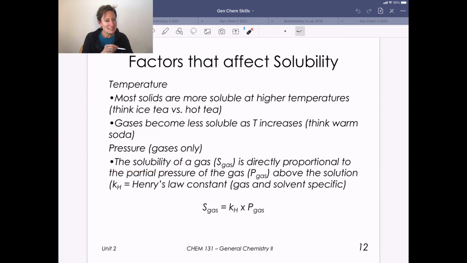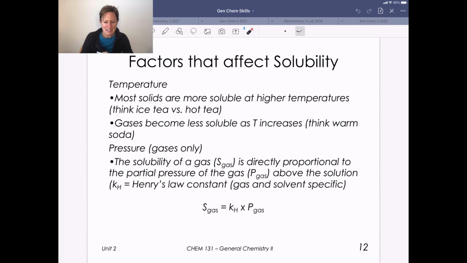Pressure only applies to gases. We can't increase the solubility of a salt in water by pushing on it, but we can with gases. There's an equation here that tells us the solubility of a gas is directly proportional to the concentration of the gas. Remember, partial pressure is a way to measure concentration. And then there's a constant that we call a Henry's law gas constant. That's just a constant that's specific to a certain gas and a solvent.